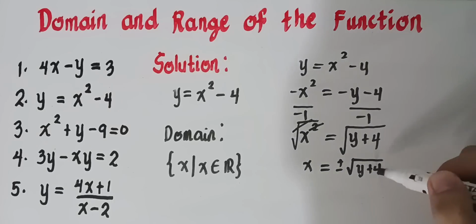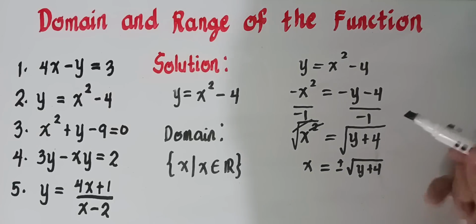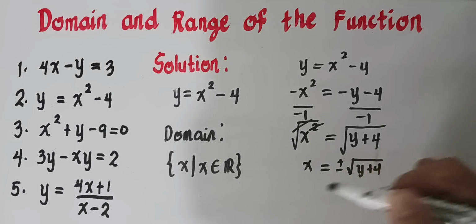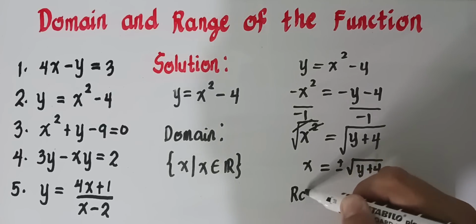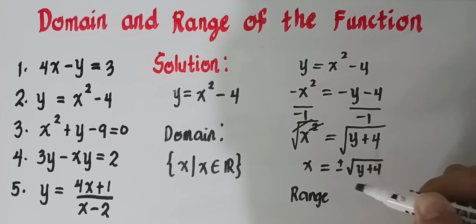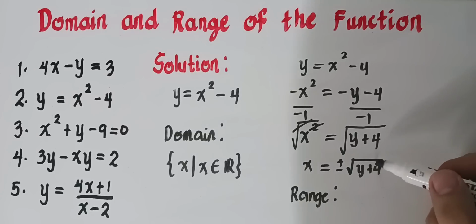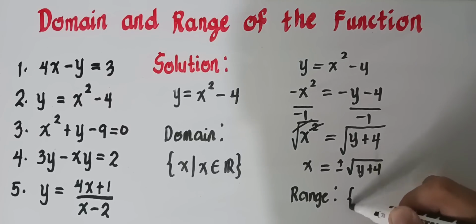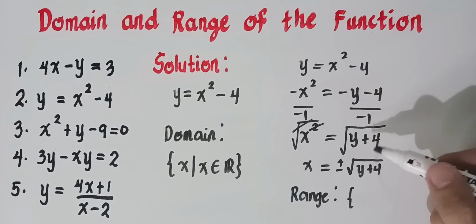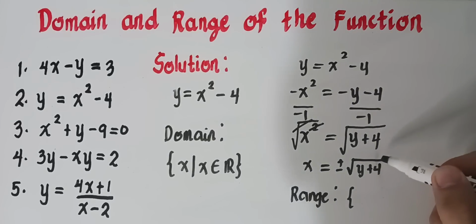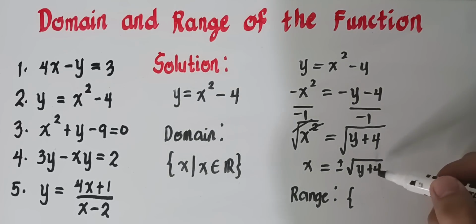Okay. So, magbe-base na tayo dito for our range. So, yung range natin dito, tignan natin yung resulting equation kung meron ba tayong restrictions o wala. Since we come up with radical, no? So, ang rule natin dyan, dapat wala tayong magiging negative numbers.